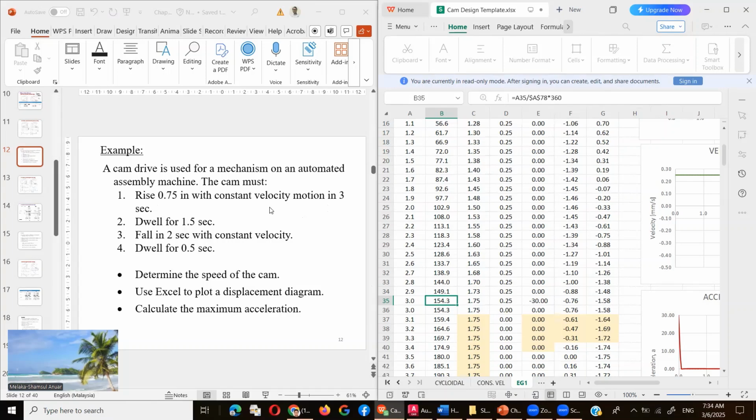Okay, so at time 3 seconds you have to make sure the value there will be the same in most cases. That value must be the same. Okay, must be the same.